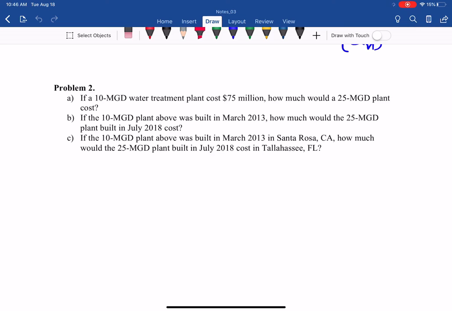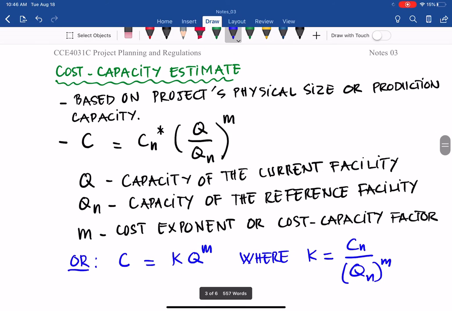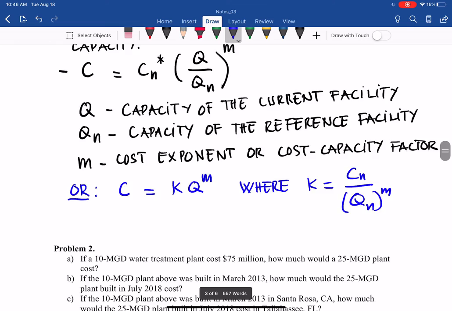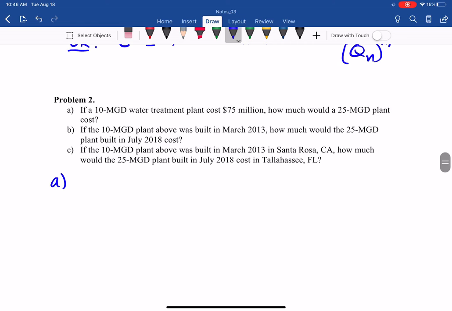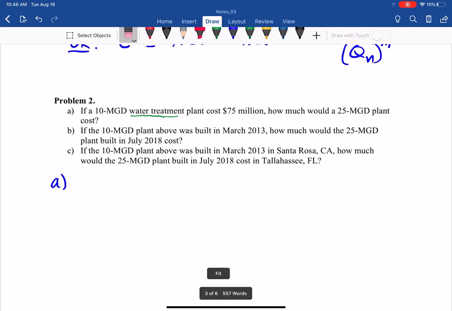So we apply the cost capacity approach here. The equation is C equals Cn times Q over Qn to the power m, and this is a water treatment plant. The question asks what is C for 25 million gallon per day.